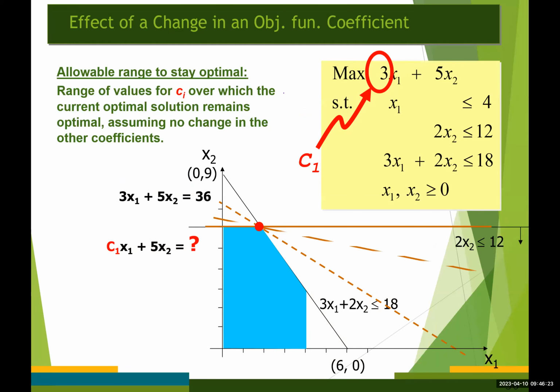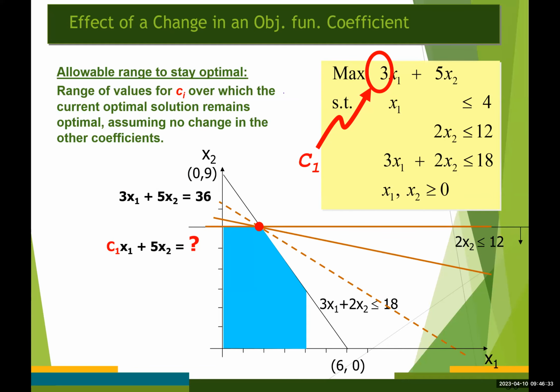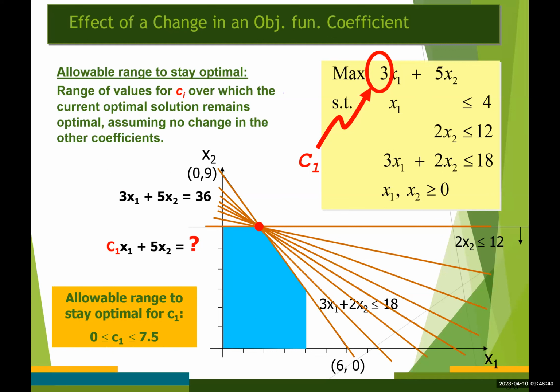So in summary, these are the allowable ranges to stay optimal for C sub 1. Within these ranges, the window glass should still manufacture 2 glass doors and 6 windows.